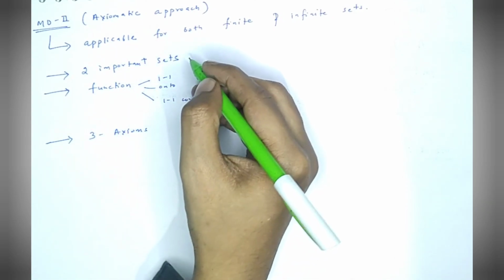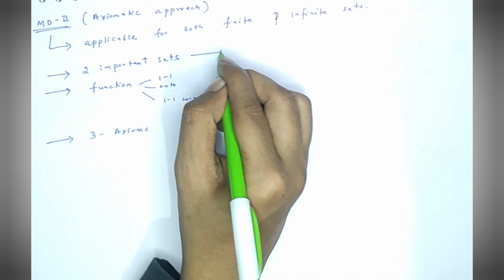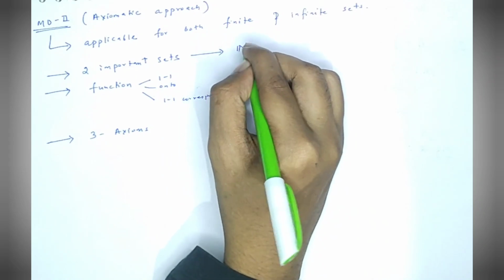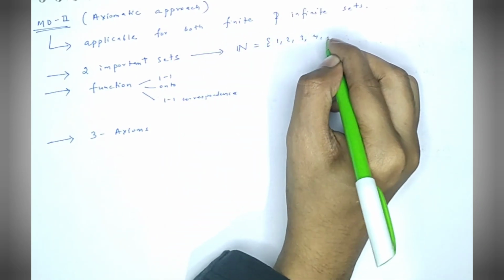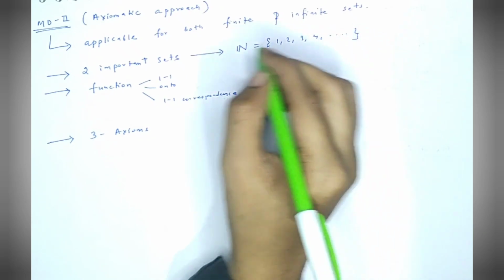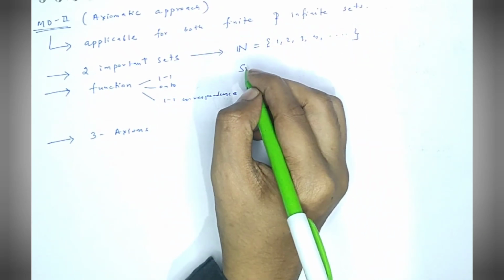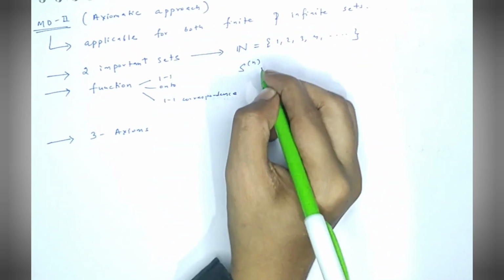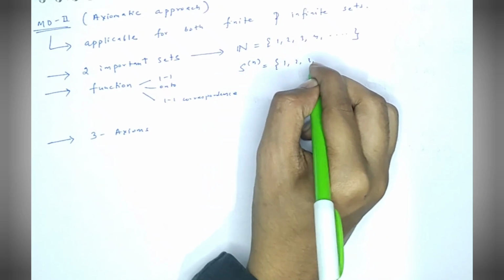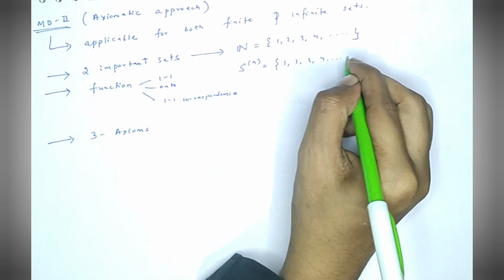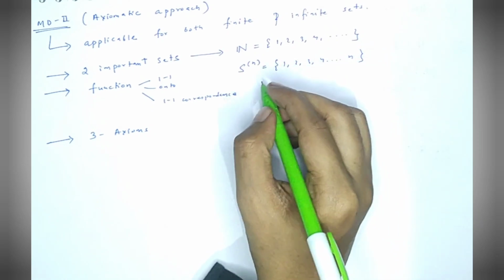What are the two important sets? That is the set of natural numbers 1, 2, 3, 4, and the initial segment of natural numbers. This is called the initial segment of natural numbers as 1, 2, 3, 4, up to n. Why is it called the initial segment?